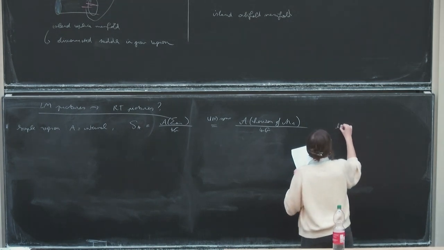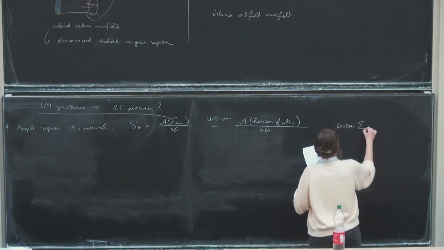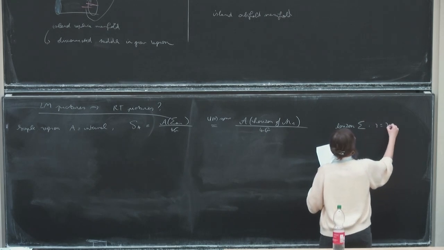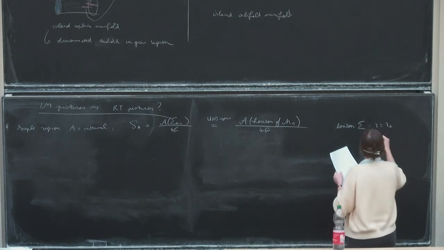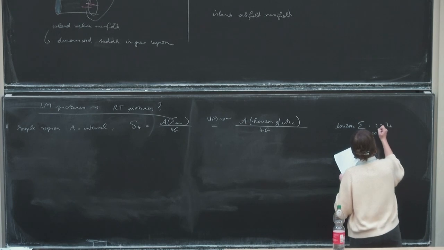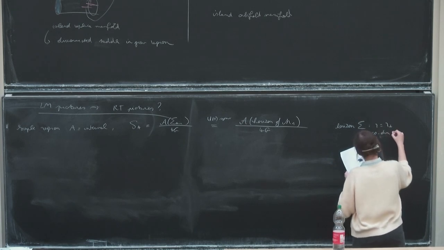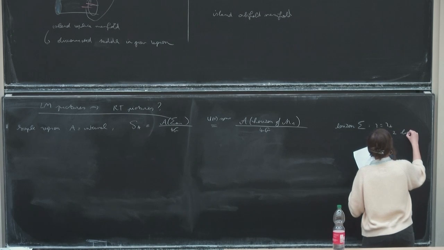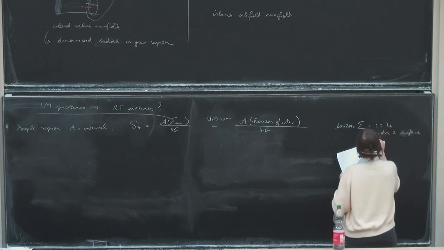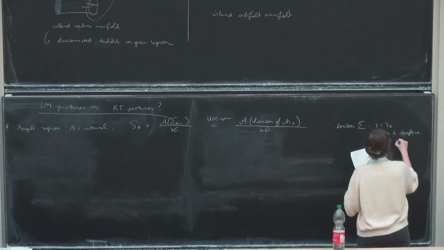So with the horizon sigma being the point r = r_+, which is a codimension 2 surface, so a line in our 3D bulk.